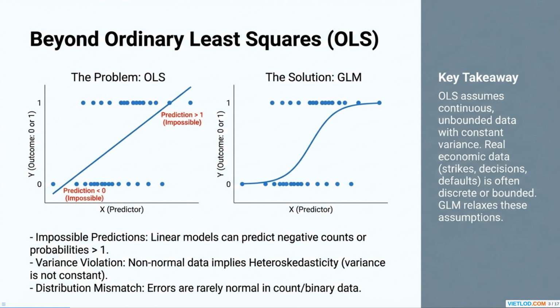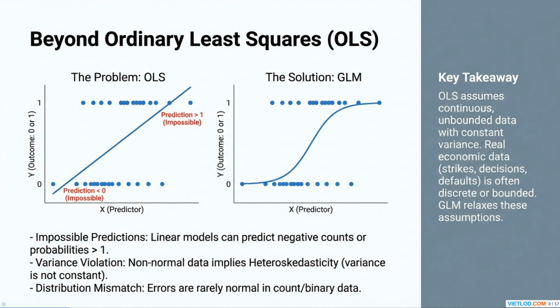Secondly, OLS assumes constant variance, known as homoscedasticity. However, data types like counts or binary outcomes inherently exhibit non-constant variance, a condition called heteroscedasticity, which violates this core assumption. Finally, OLS fundamentally assumes normally distributed errors, which rarely holds true for discrete or bounded data.